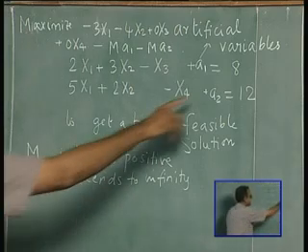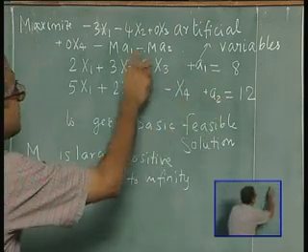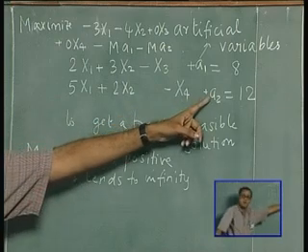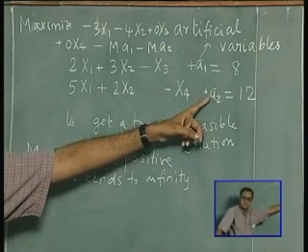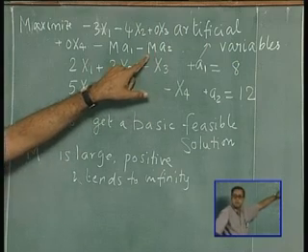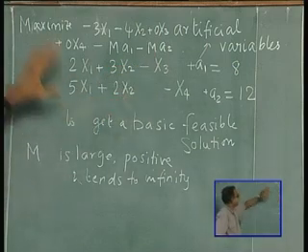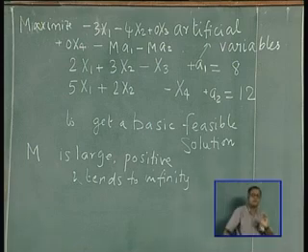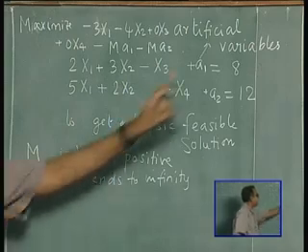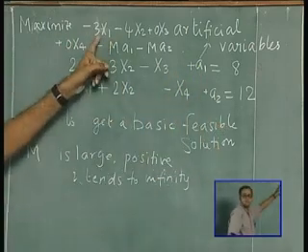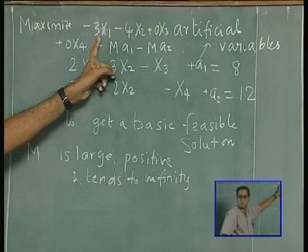Now because the contribution of these artificial variables is very small, if A1 or A2 appears in a basic feasible solution, then because of this minus M being close to minus infinity, the value of the objective function will be very less, and it will be minus infinity. For every basic feasible solution which does not have either A1 or A2, the value will be a number which will be far higher than minus infinity.